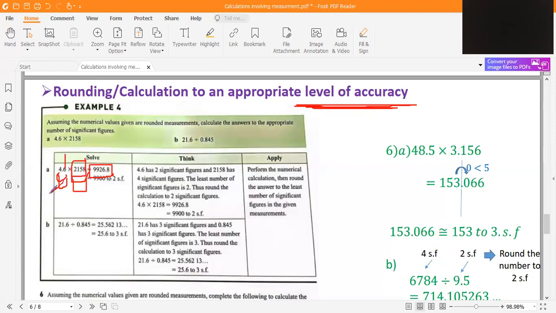We have two significant figures and four significant figures, so we round the calculation to the least number of significant figures, which is equal to two in this example. Here, in this example, we set the level of accuracy based on the number of significant figures.